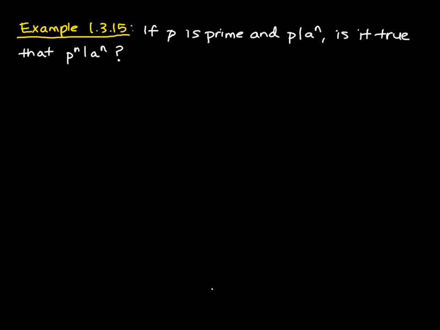So now let's look at the following example. If P is prime and P divides a to the nth power, is it true that P to the n divides a to the n? Well, let's see. So first note that a to the n is just a times itself n times.